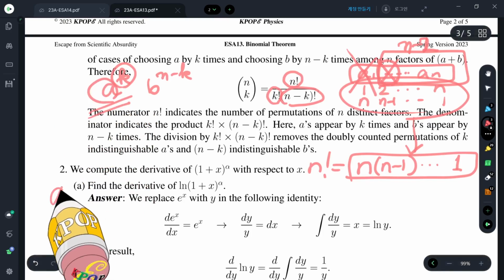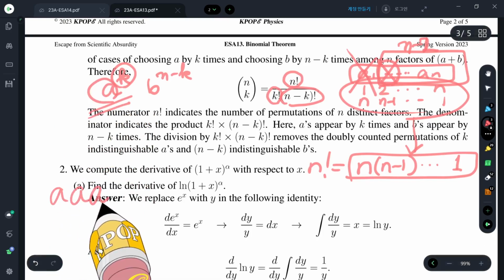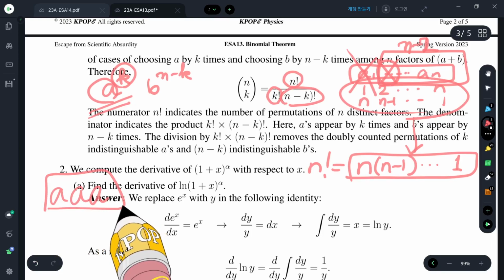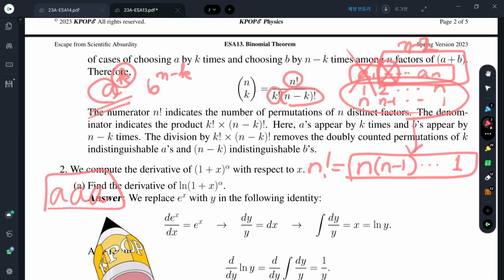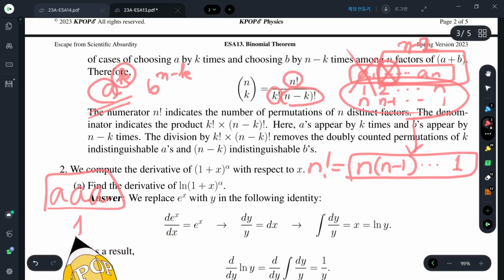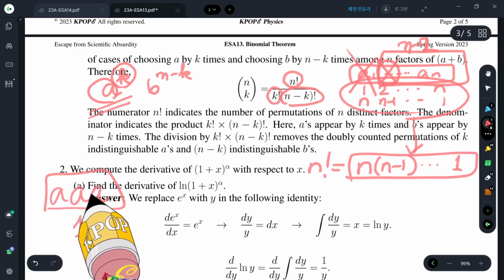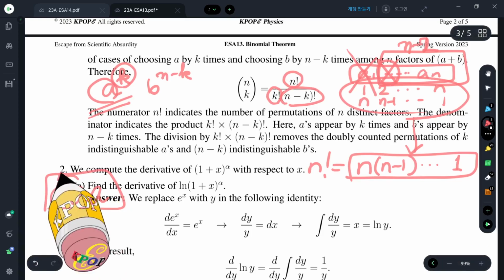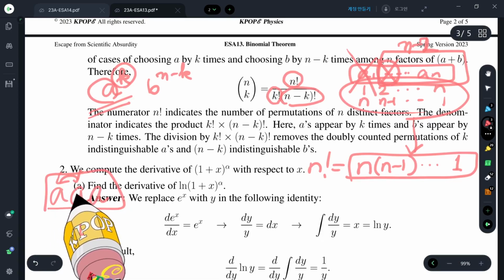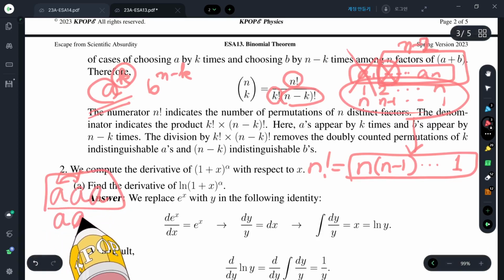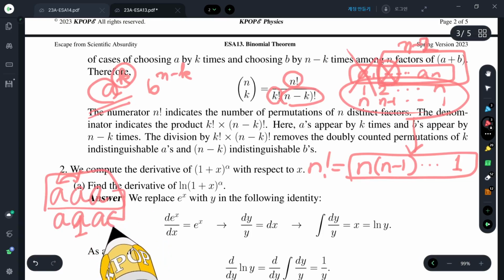Suppose that I have A. How many cases can I have to choose A three times? Only a single one. There is no way to distinguish the exchanged one. If I exchange A and A, then I still have A. So they are the same. It is indistinguishable.